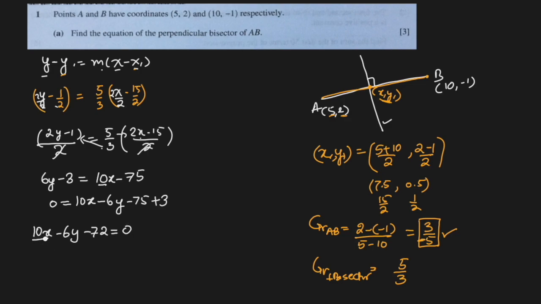Since they are divisible by 2, we can divide the whole of it by 2. More than 2 also? 4? No. Okay. So we can write 5x minus 3y minus 36 equals 0. This is the equation of the perpendicular bisector.